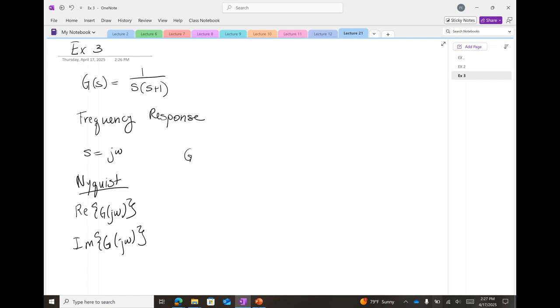So in order to get that, we plug in for j omega, we get 1 over j omega times j omega plus 1. And again, we need to eliminate the imaginary part in the denominator. So we're going to multiply by the complex conjugate of both of these poles on the top and the bottom.